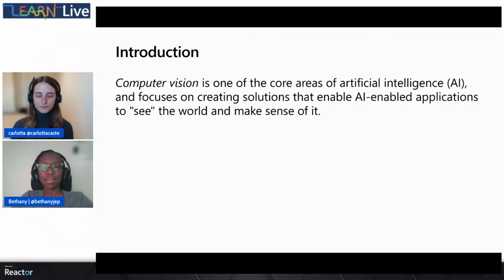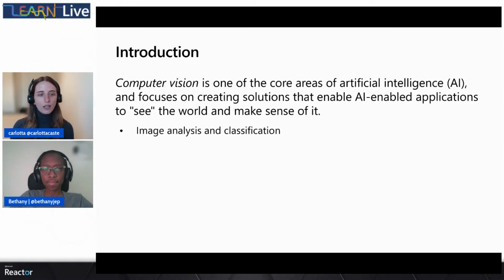So, Carlota, can you tell us some of the capabilities of the computer vision service? Yes, of course. As you just said, Bethany, the computer vision cognitive service uses pre-trained models to analyze images, enabling software developers to easily build applications that can perform different tasks. We will explore them in detail throughout the module, but let's give an initial overview of the main capabilities. First of all, this service can analyze and interpret an image, suggesting an appropriate caption, relevant tags, or performing categorization.